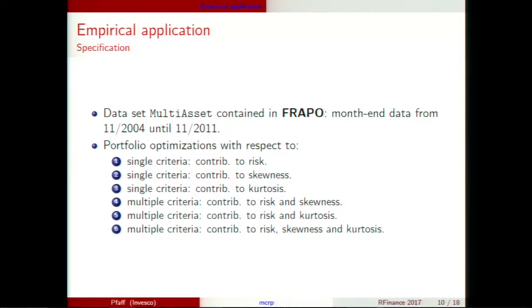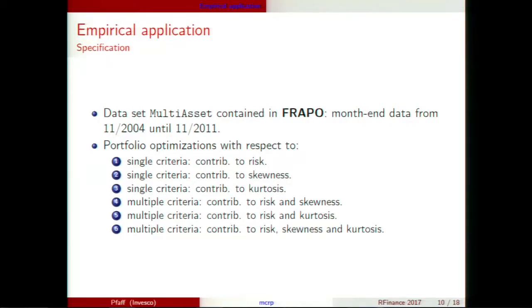And as I said, it's just to give you some feeling and some impression of how everything works out. So therefore, I decided on the following setup. I conduct portfolio optimizations only with respect to the contributions to the portfolio standard deviation risk, then only with respect to the portfolio skewness, then the kurtosis, and then I blend the higher moment optimizations together to really make it a multiple criteria optimization.